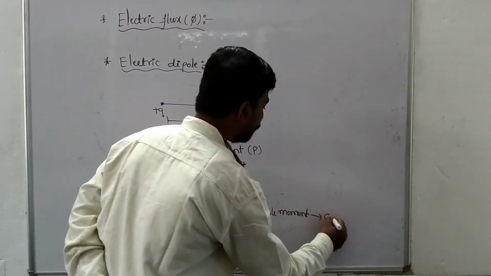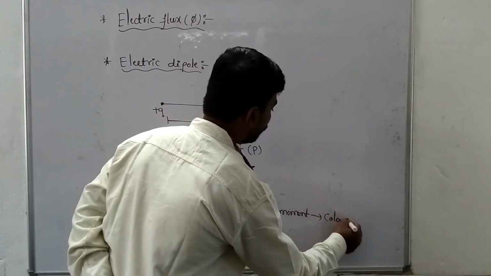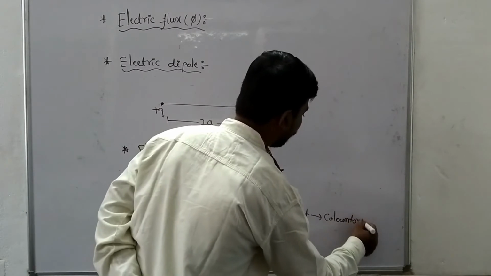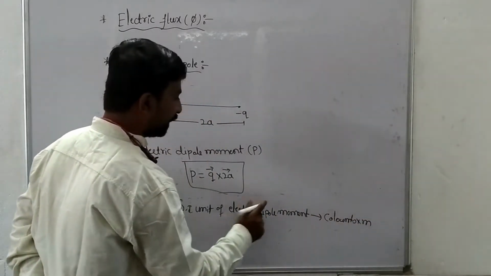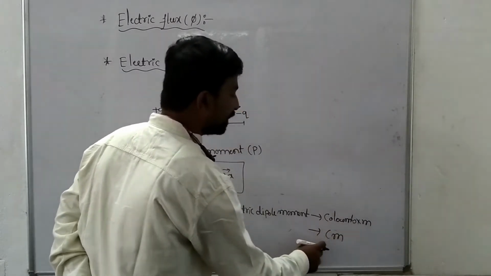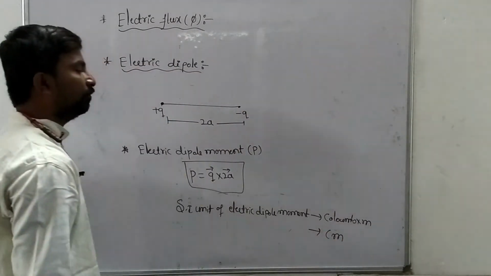It is Coulomb. Then separation of the distance is meter. So the SI unit of electric dipole moment is Coulomb meter. It is not a centimeter, it is a Coulomb meter.